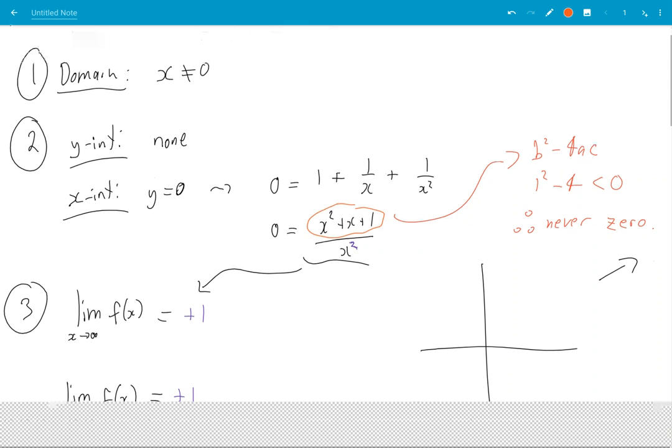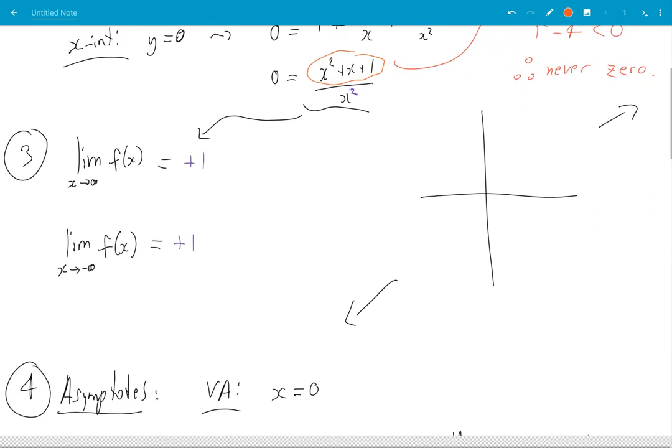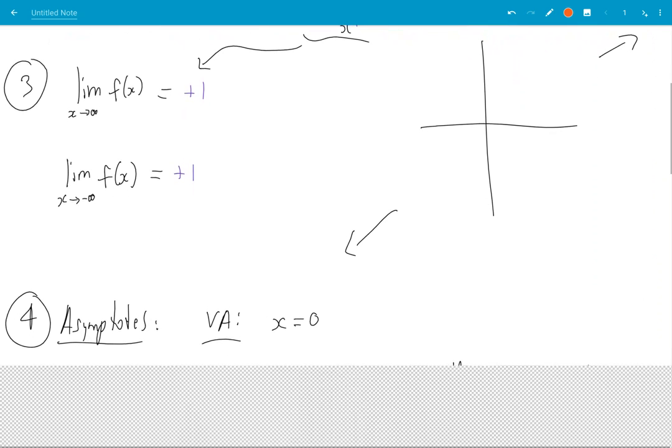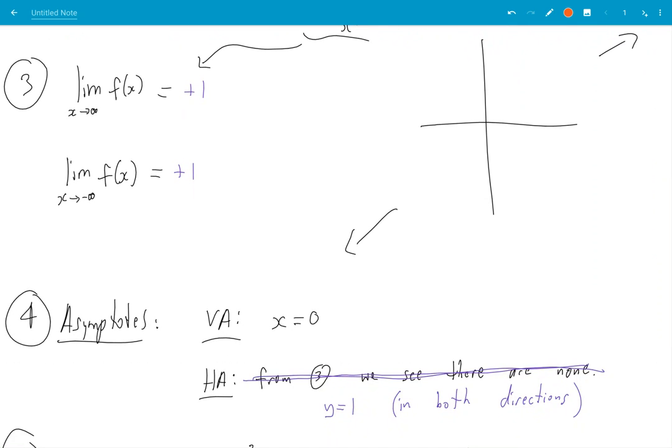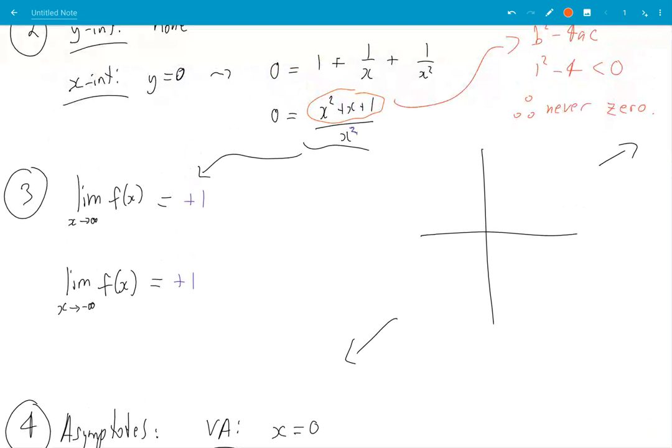Okay, 3 is what's happening for large x values. So in the preceding video, we called this horizontal asymptotes. We found these limits to find horizontal asymptotes. If I look at this expression here, I see that the x and the 1 don't matter. You have x squared over x squared.